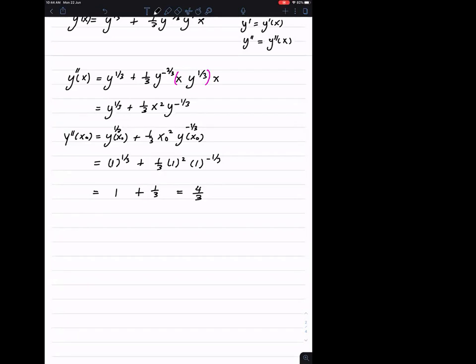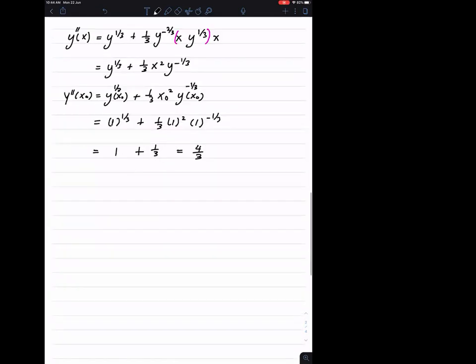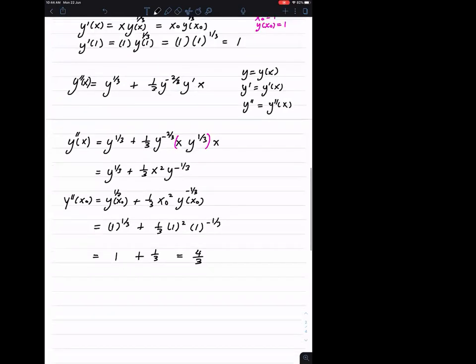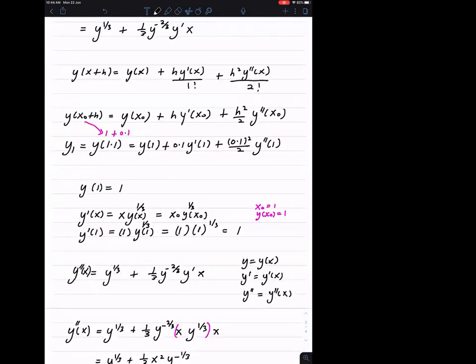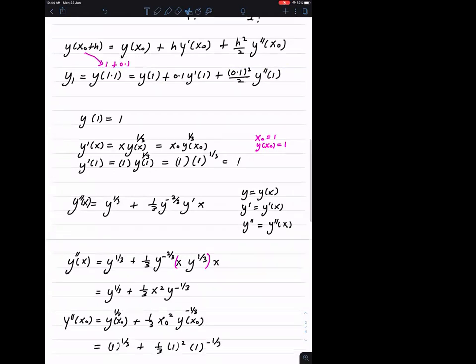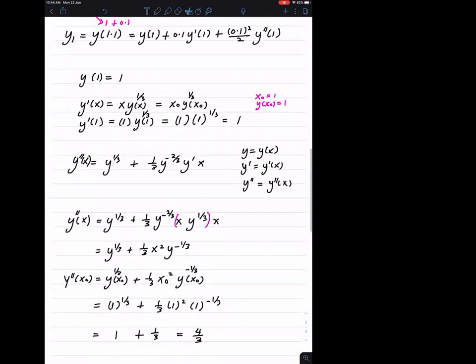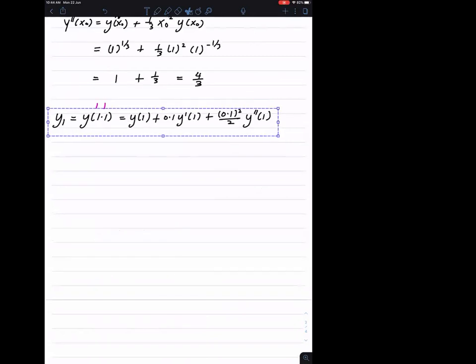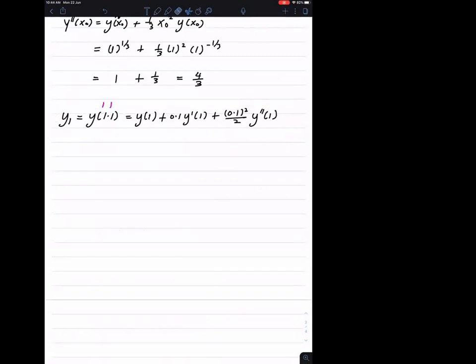Okay, so now you can evaluate this equation here. This y1 that we already wrote earlier.